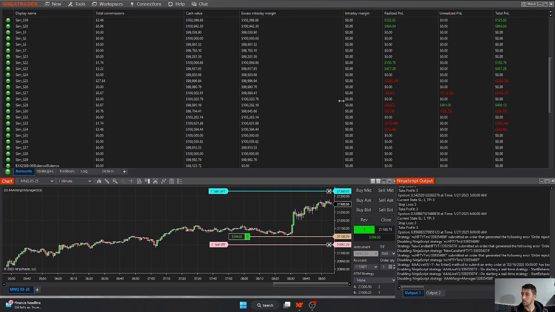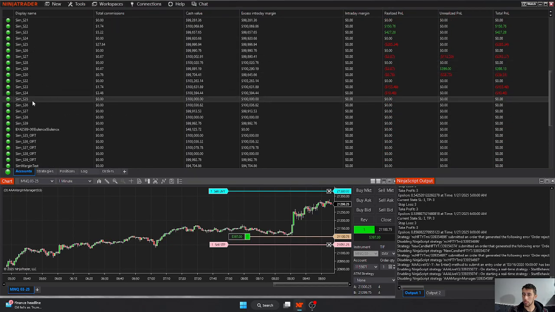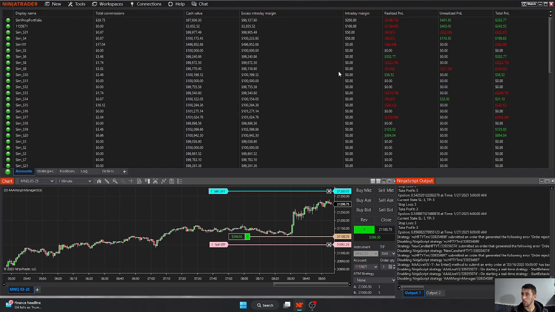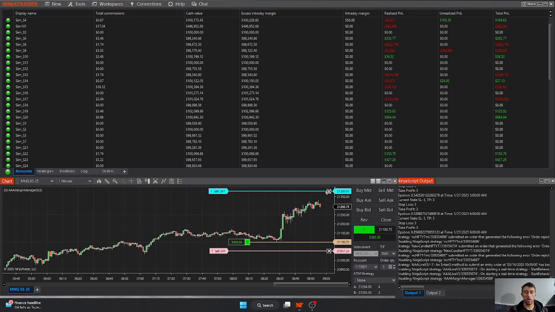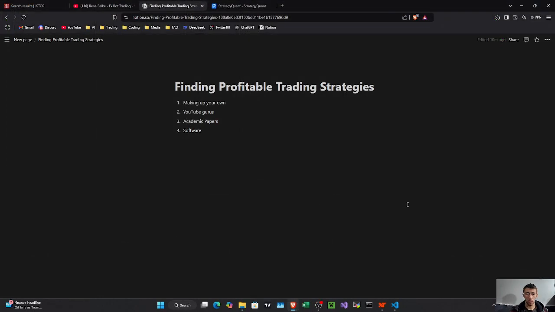So every single one of these sims are all built with my own software, and yeah, I think it works great. I can build one good strategy in about an hour or two, probably closer to two. And that's what I've been doing, and that's what's been working for me. So those are the different ways to build a profitable strategy.